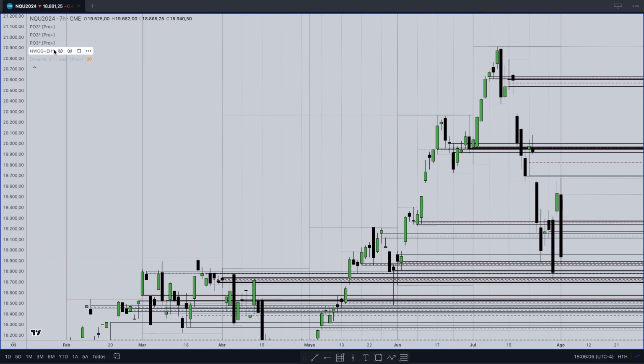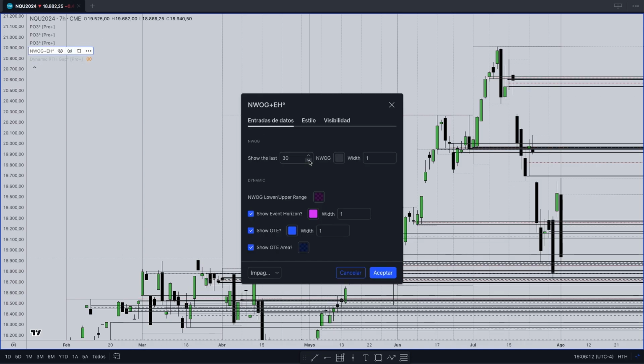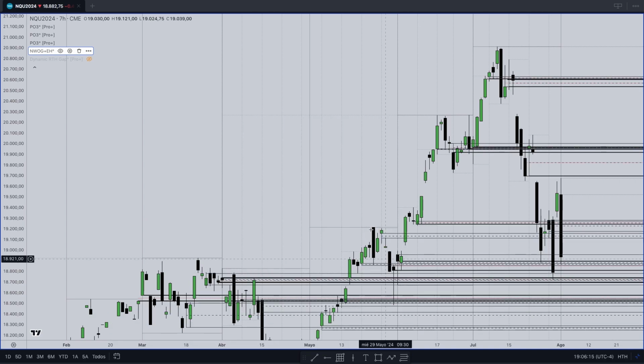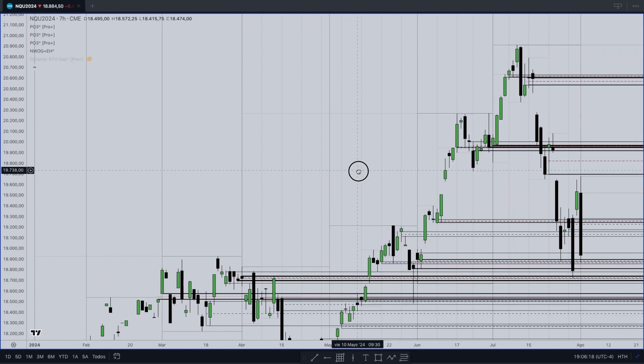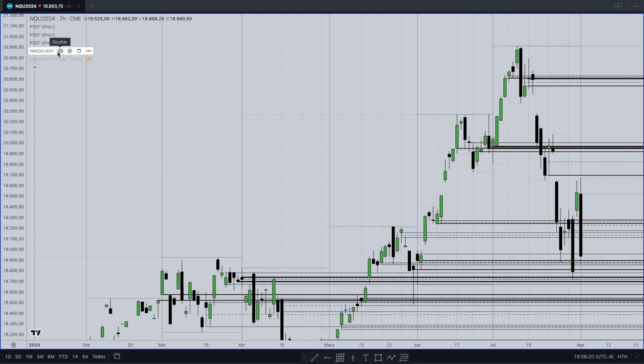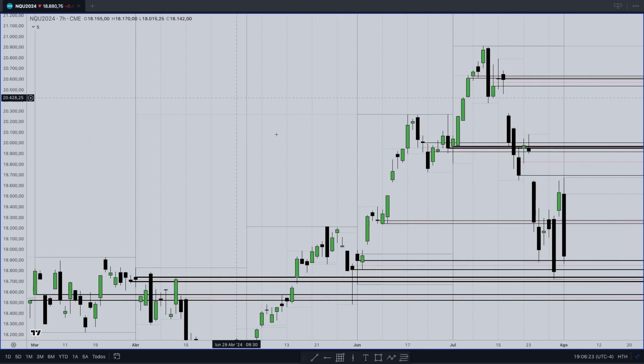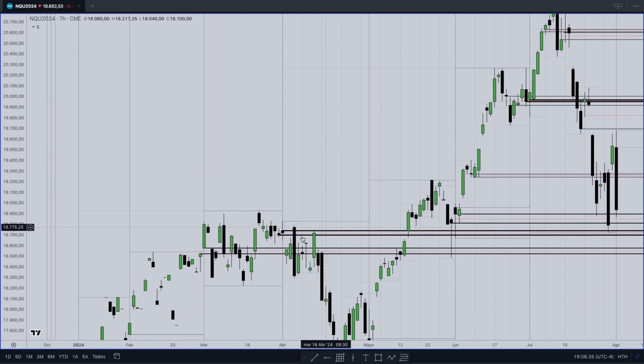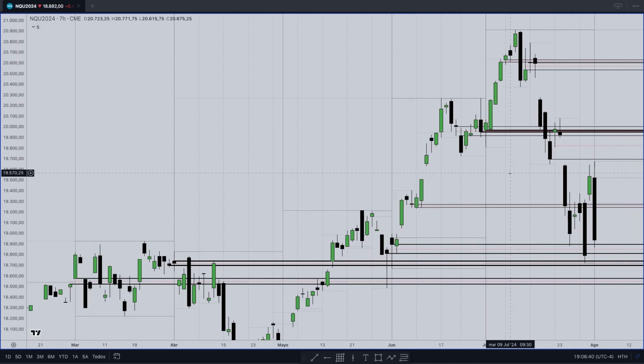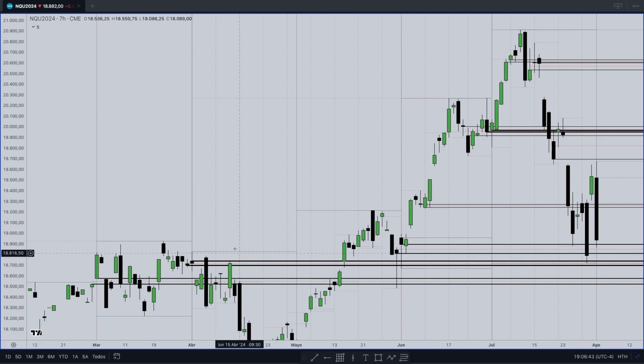So you can draw manually there or put fewer gaps, but I prefer to do it manually, because you can see it on lower time frames. That's another reason. For example, if you move on to the 15 minutes or 5 minutes, the indicator is not going to plot these gaps because the data is calculated on the actual time frame you are on, and you are not going to have these levels in your chart.